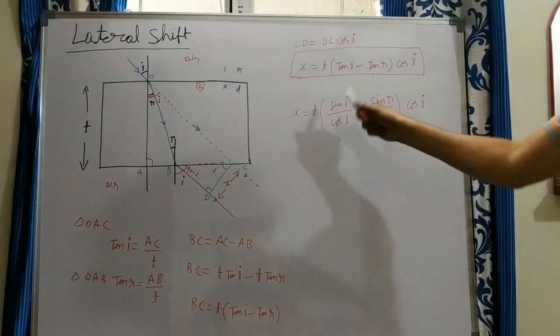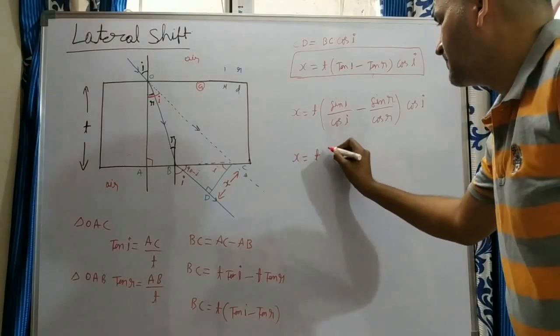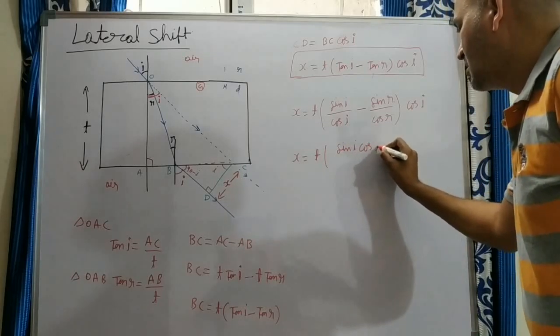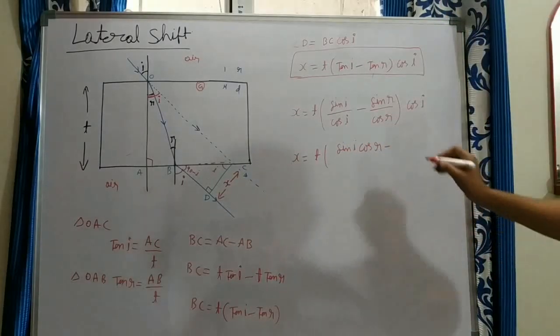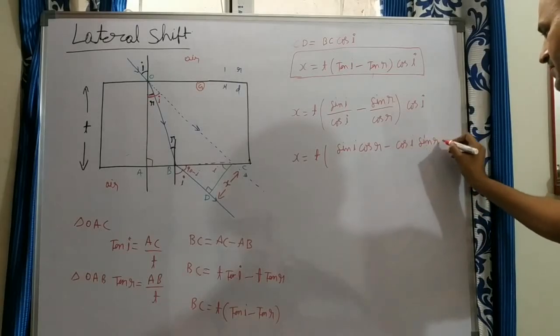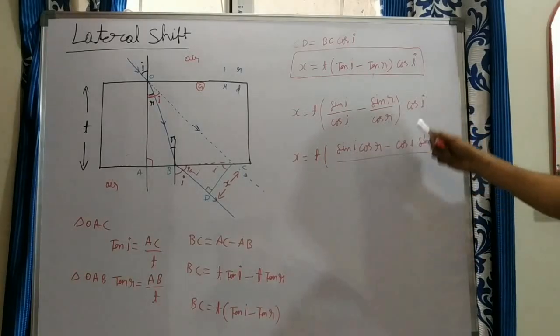Now take the LCM: x equal to T times sin I cos R minus cos I sin R, by cos I into cos R, with cos I also outside.